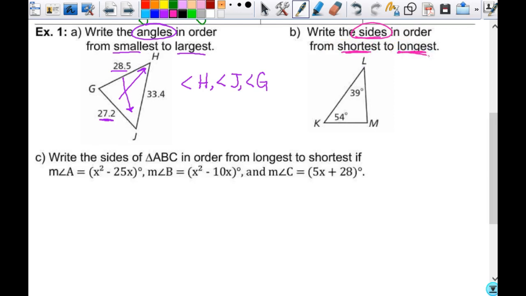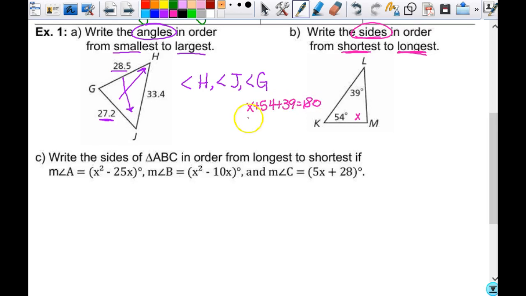So I'm looking for the shortest side. Can I determine that at this point? No, because you don't know the third angle. How do you know that angle L is the smallest when you don't even know all three angles? I have to know all three because maybe that's not the shortest. But I can find it. So I'm going to call this X. So I know then that X plus 54 plus 39 equals 180, right?